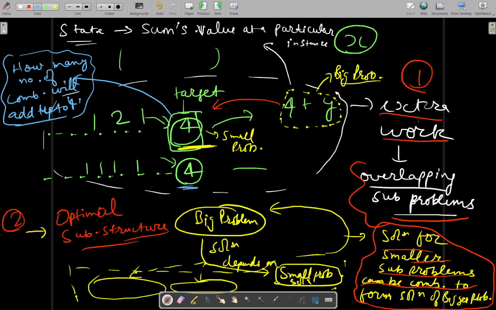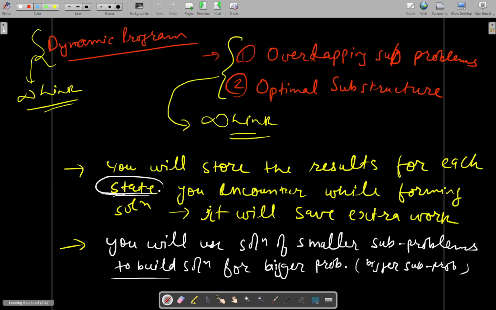So it will save you extra work, and then you can use the solution of 4 to build up the solution of 4 plus y. It will use this property, optimal substructure. So these two things can be done.